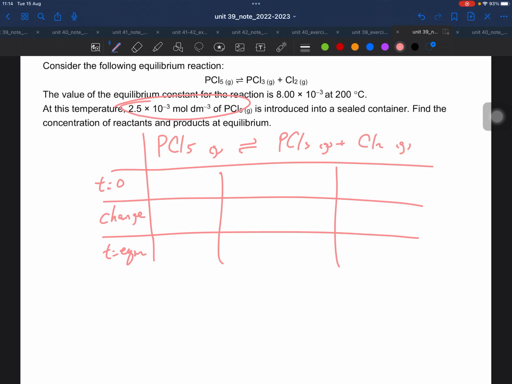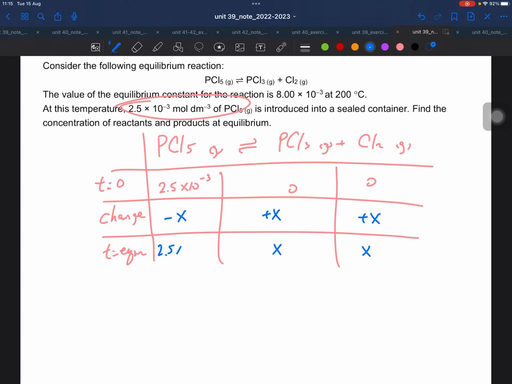This is already the molarity, so we can save our time. Of course, there is a net forward reaction, right? So this is minus x, positive x, and positive x.